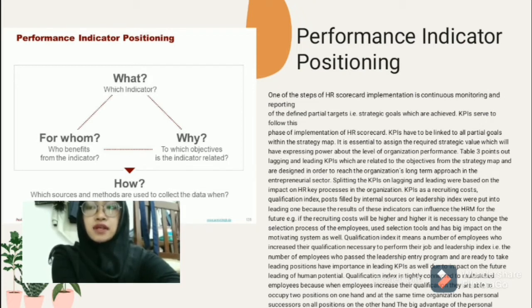So if one of them is missing, it will be hard for the company to keep up, and it will be a bad decision if the company misses one of these indicators, because it is really vital for the company to run well.